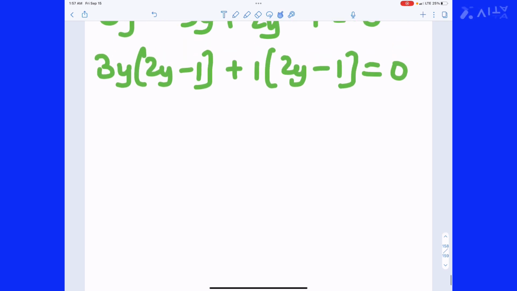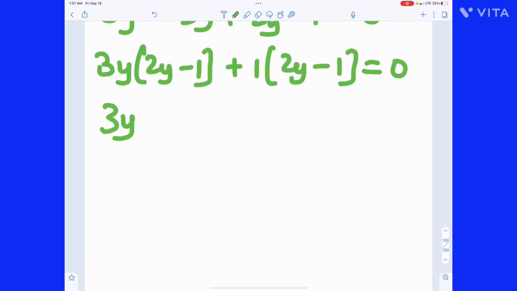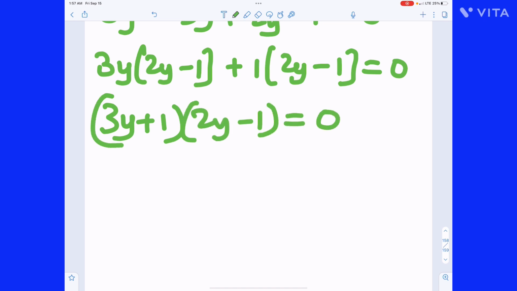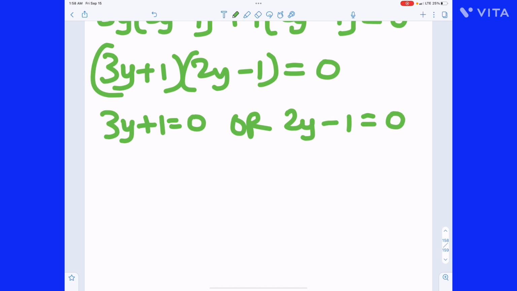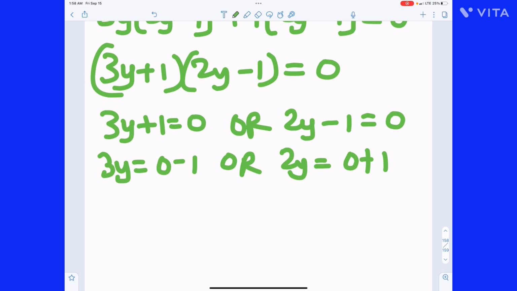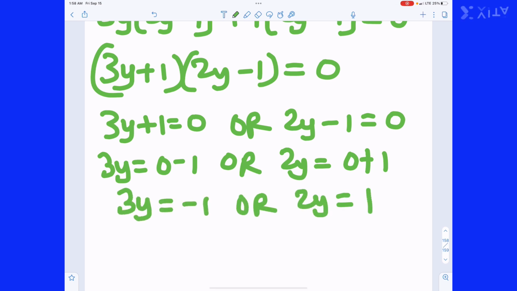So now this is (3y plus 1) times (2y minus 1) is 0. That gives you 3y plus 1 is 0, or 2y minus 1 is 0. So 3y is 0 minus 1, or 2y is 0 plus 1. 3y is minus 1, or 2y is 1.